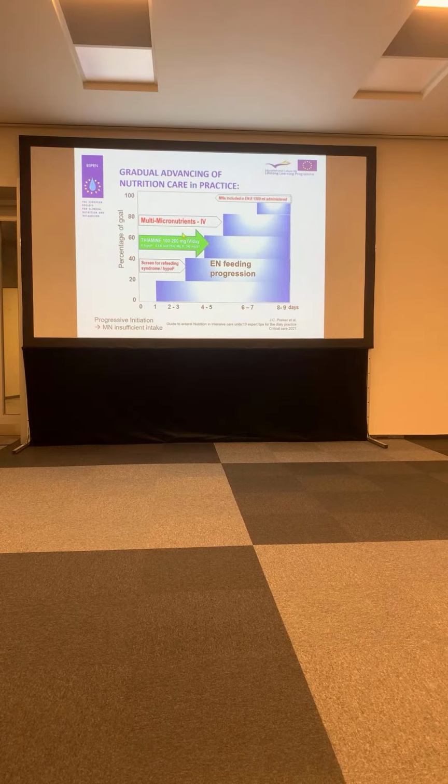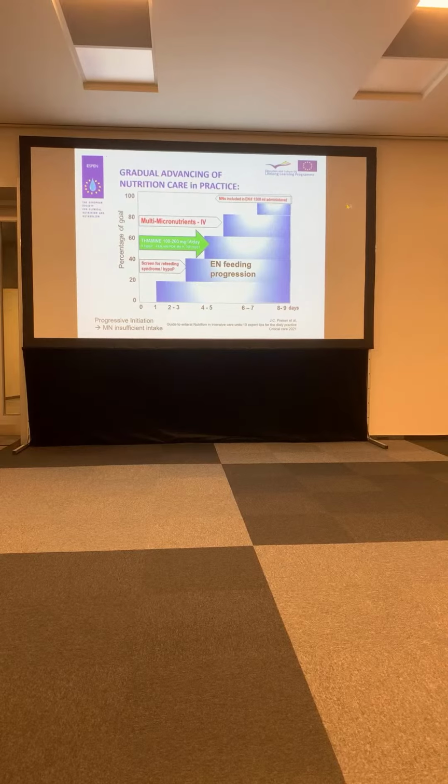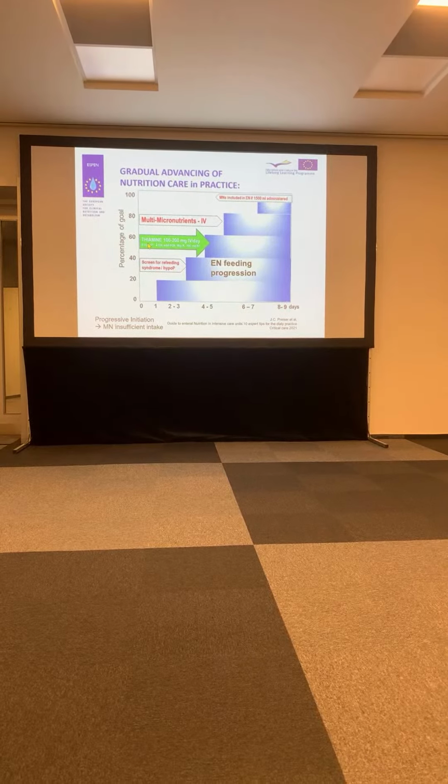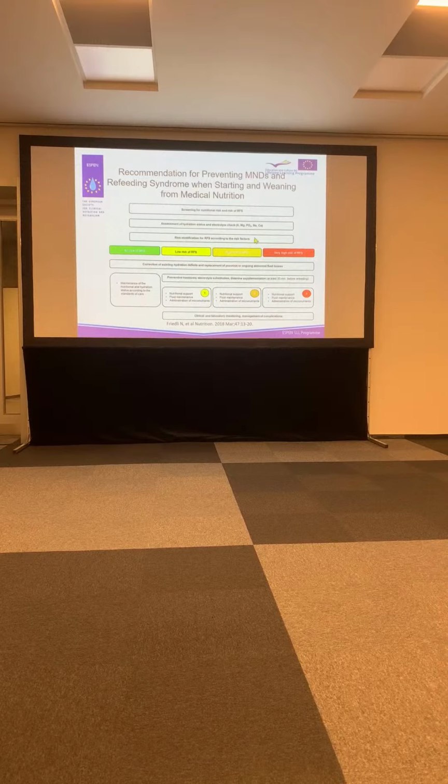So there are many ICUs who deliver multi-micronutrients, in nutritional doses, for the first 5 days until we are reaching and fulfilling those needs. We deliver thiamine liberally. In hospital, ward patients who have not been eating a lot also deserve oral thiamine early and screening for hypophosphatemia.